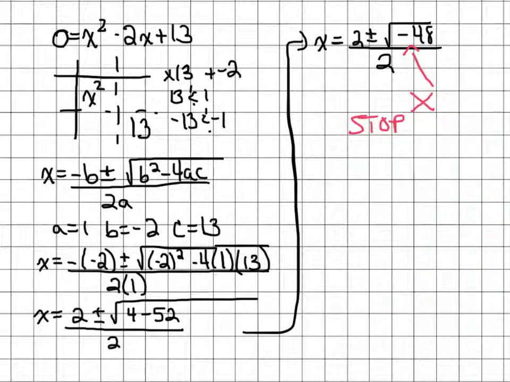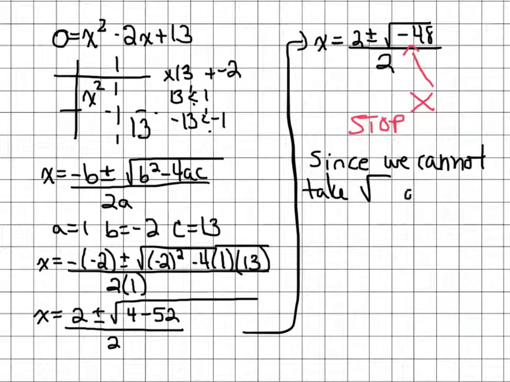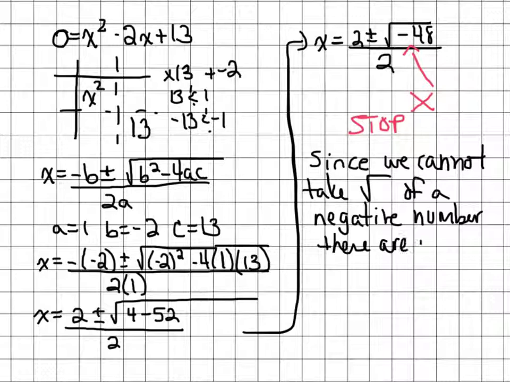Stop. Since we cannot take the square root of a negative number, there are no roots, or x-intercepts.